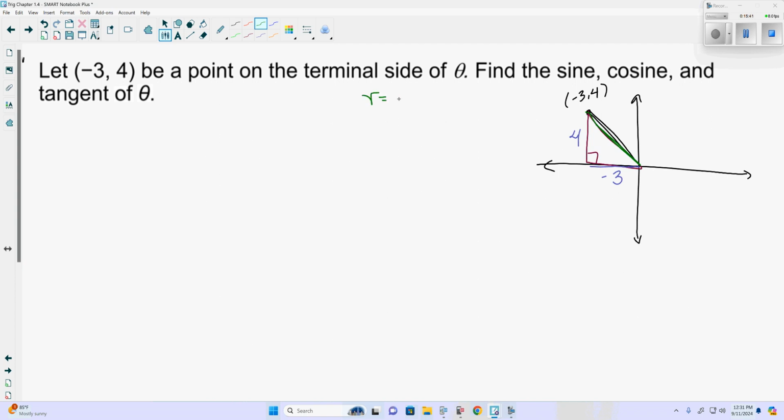Now r, by definition, is the square root of x squared plus y squared, or in our case, -3 squared plus 4 squared. We could also use the Pythagorean theorem to get there: a squared plus b squared equals c squared, 4 squared plus -3 squared equals c squared.